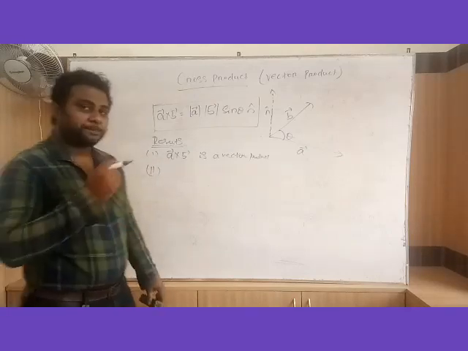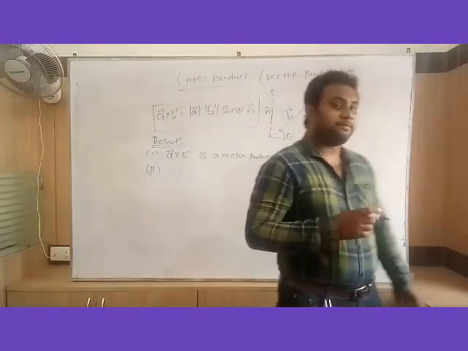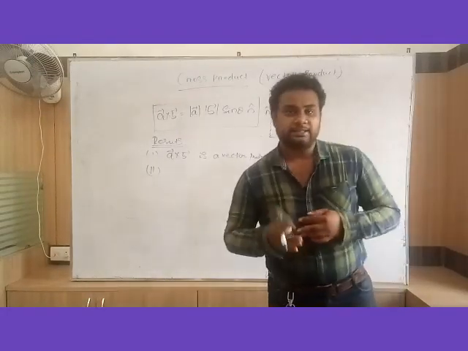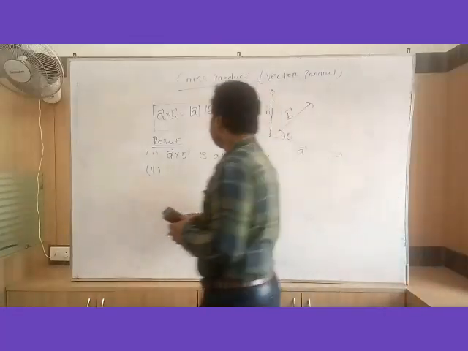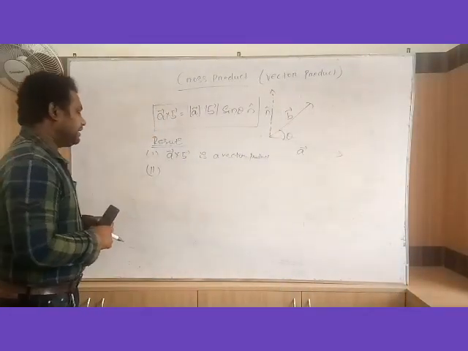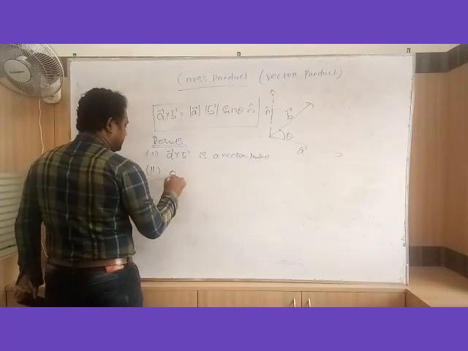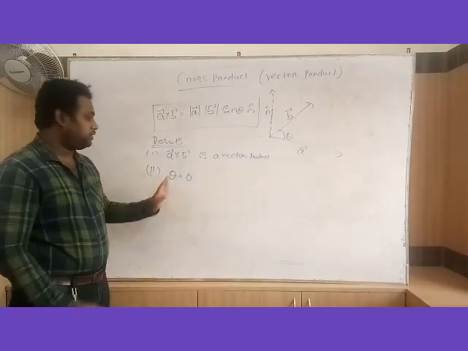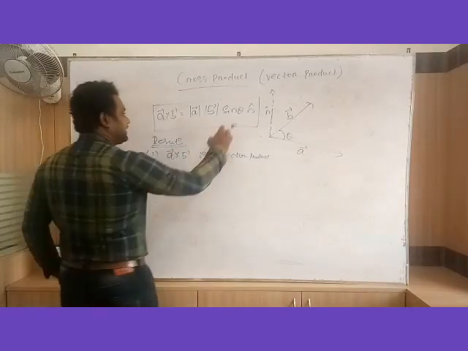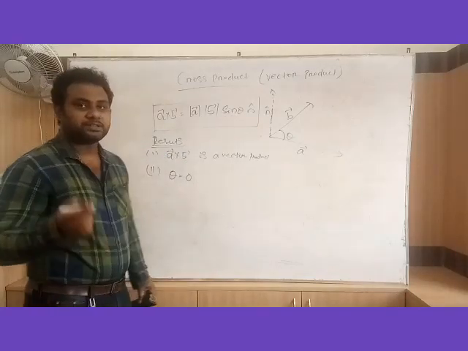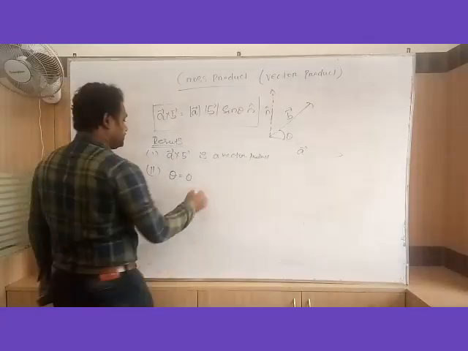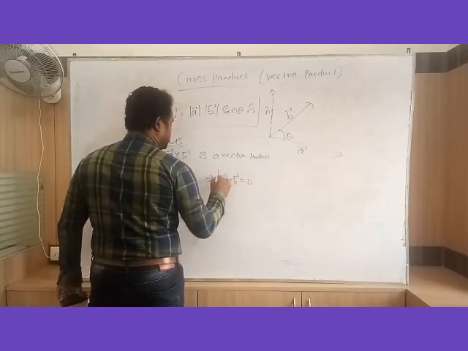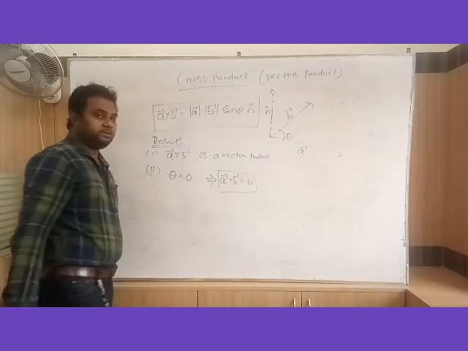Again, in dot product we took three cases: theta equals 0 degree, 90 degree, and 180 degree. If we take theta equals 0 degree, then the value of sin theta is sin 0, which is 0. So that implies A cross B equals 0.